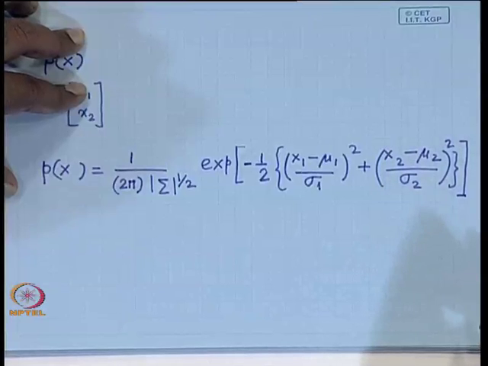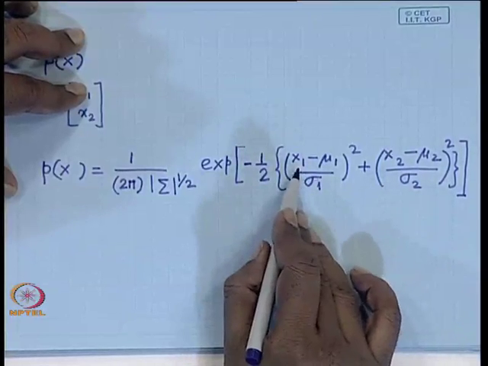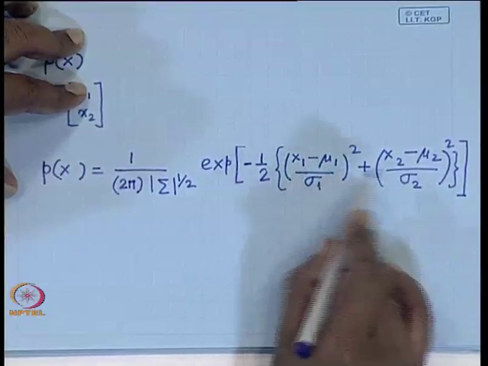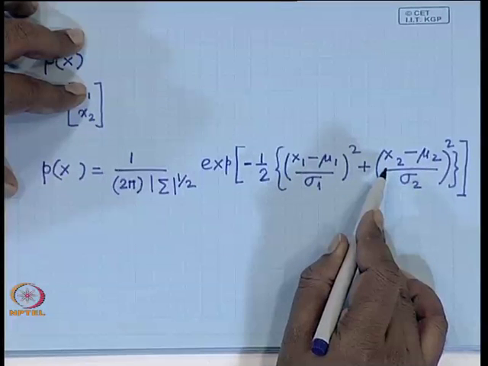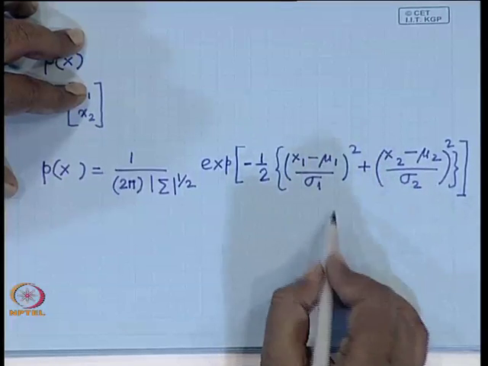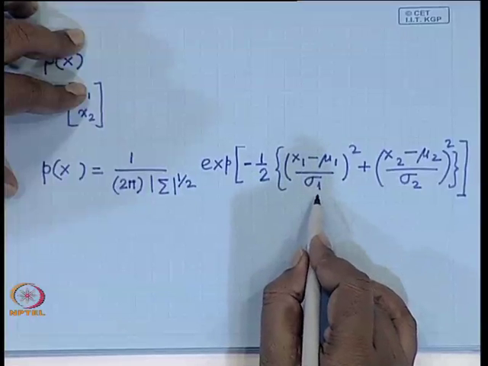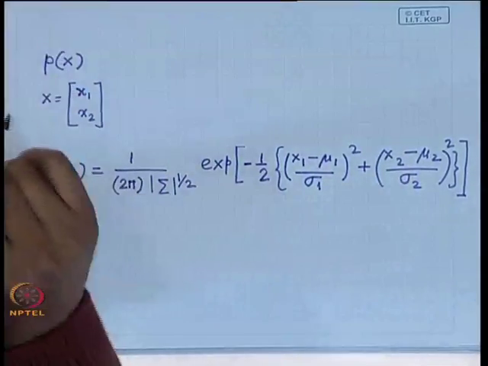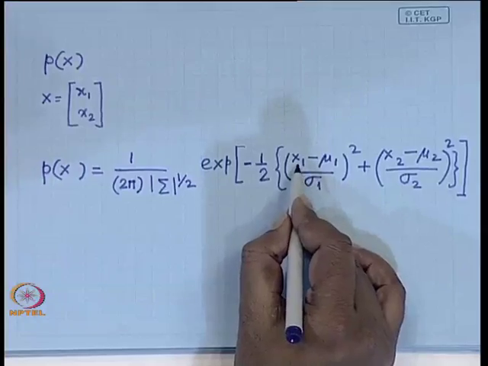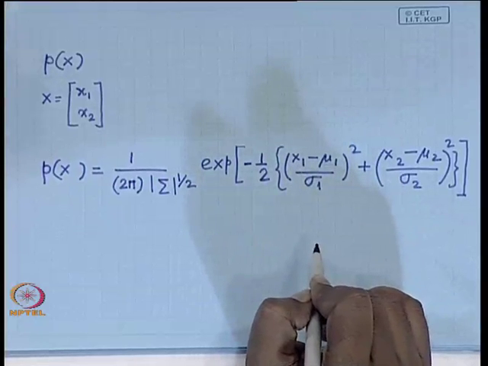This is a simplified expression, because I have assumed that the components x 1 and x 2 are statistically independent. That is why I could have a simplified expression only in terms of sigma 1 and sigma 2, only the diagonal elements in my covariance matrix.